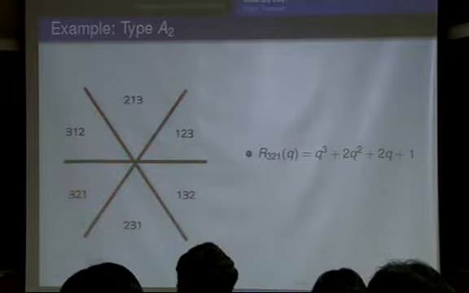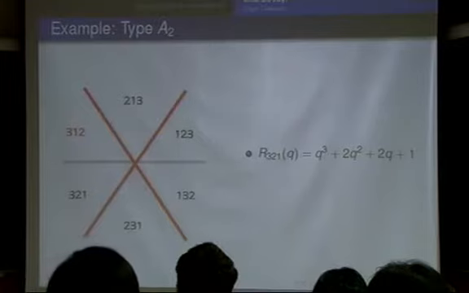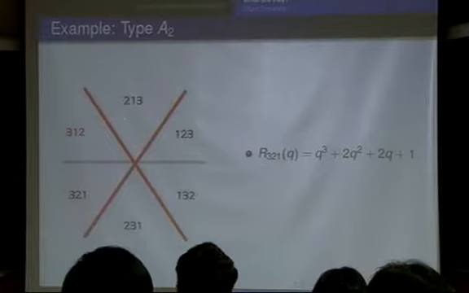Okay. If we take 3 1 2 instead, then only these 2 hyperplanes are inversion hyperplanes, because if we cross this hyperplane, the length decreases. And if we cross this hyperplane, the length also decreases. But if we cross this gray hyperplane, the length increases.